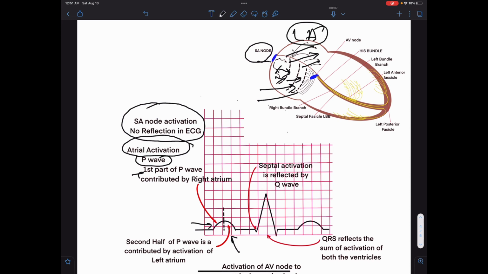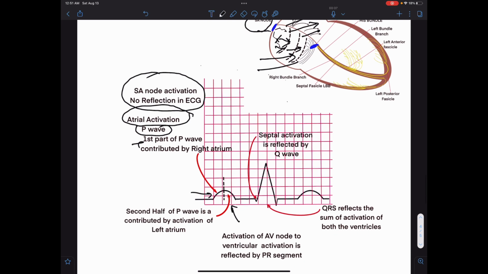Now the activation from the AV node to the activation of the ventricle is reflected by the PR segment, and the septal activation is reflected by the presence of the Q wave, which is the negative deflection, in the QRS complex.